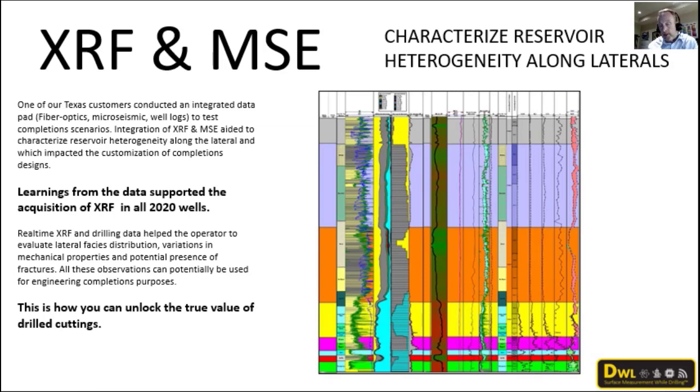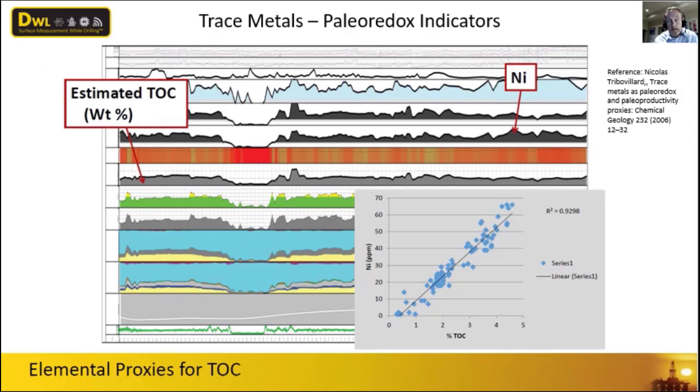It was found that the integration of the XRF data with MSE aided to characterize the reservoir heterogeneity and impacted the customization positively in terms of completion design. The overall learnings from this trial pad led to adoption of the XRF SMWD program in all 2020 wells, and that's now continued into 2021. So a good example of how to unlock the true value in drill cuttings.